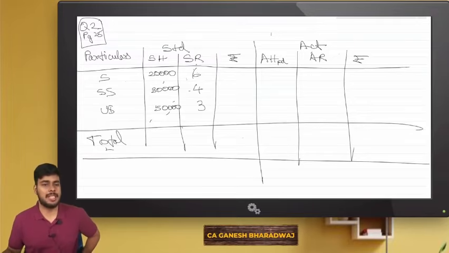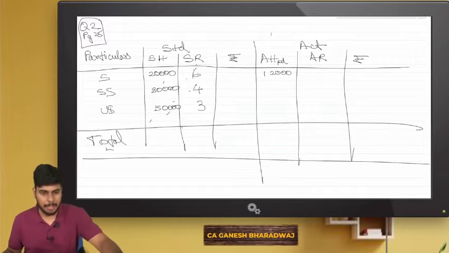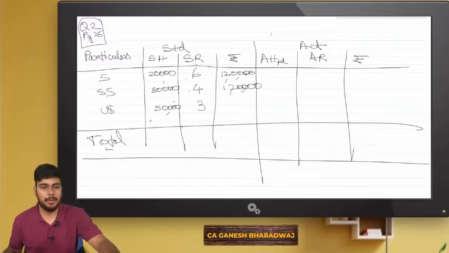Next, actual hours paid. Given: 1,20,000. Once again, 1,20,000. Then it's going to be 1,50,000.